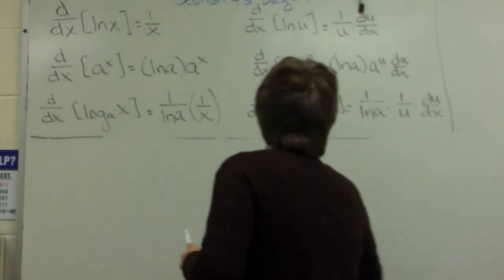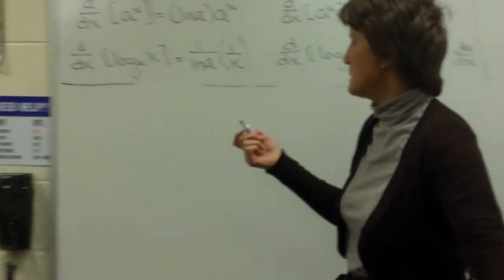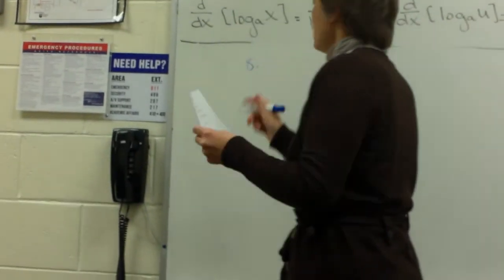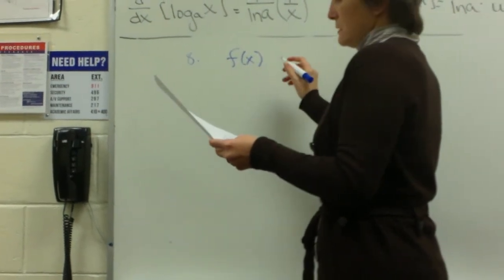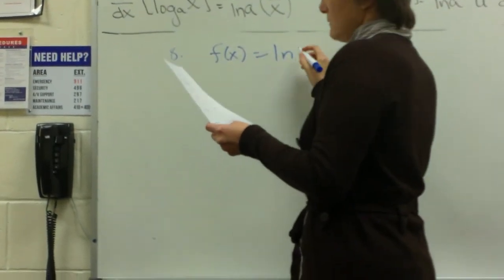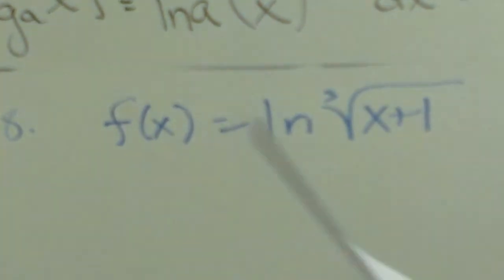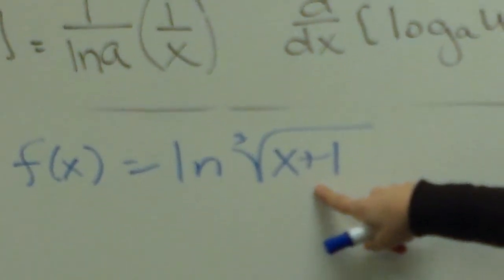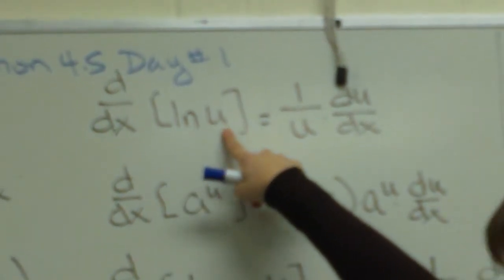In order to take the derivative, oftentimes we have to look at the function in the easiest way that we could think about it. So if I wanted to take the derivative of this function the way it is, I would have to be using this rule, because it's the ln of a function of x.